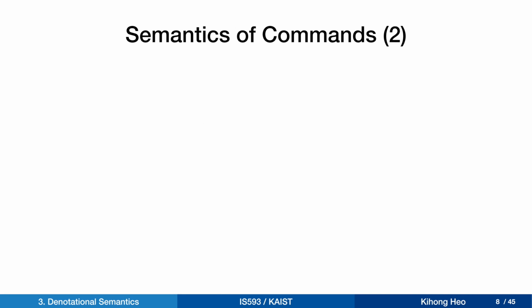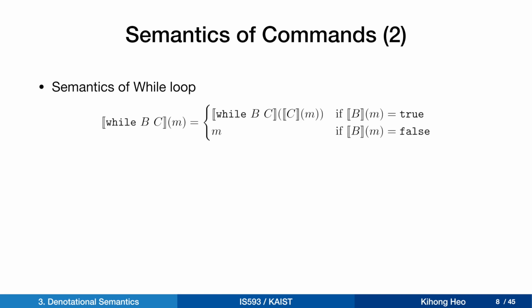And then let's talk about the semantics of while. So how can we define the semantics of while as a function? Okay, one possibility is a function like this, which means that the while command takes an input memory and returns an output memory. So far so good, and the output memory will be computed like this.